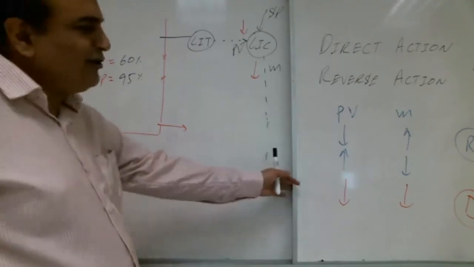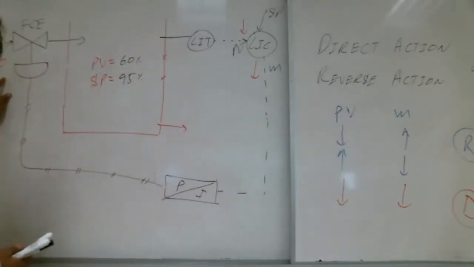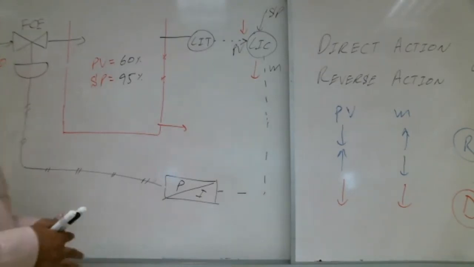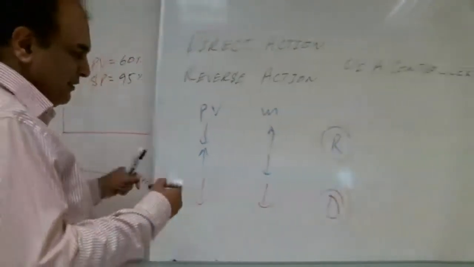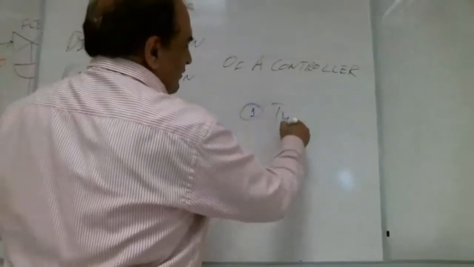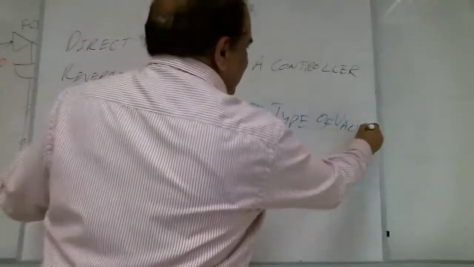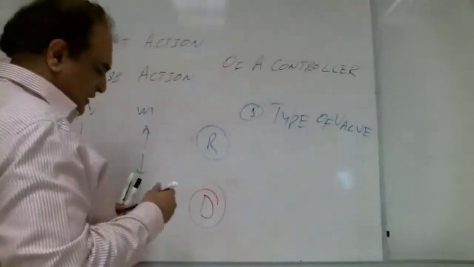Okay, brother. Now, what is the point here? Before, this valve was normally closed and it was reverse action. Now it is normally open and it is direct action. So what is the point here? Point number one, the type of the valve. Who will decide direct action or reverse action?